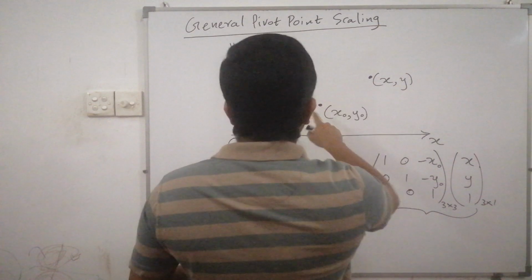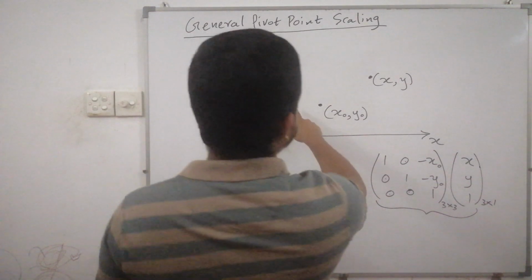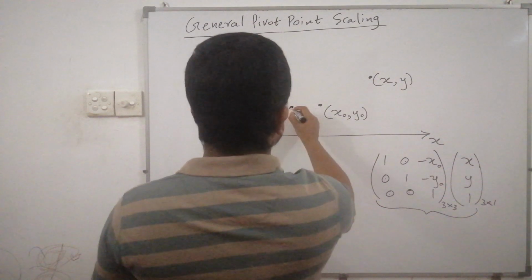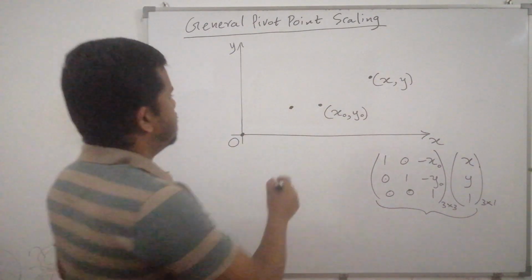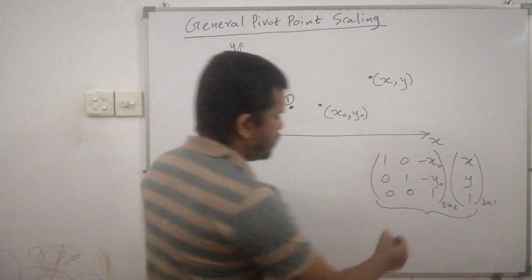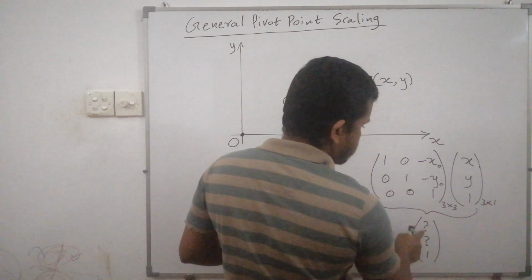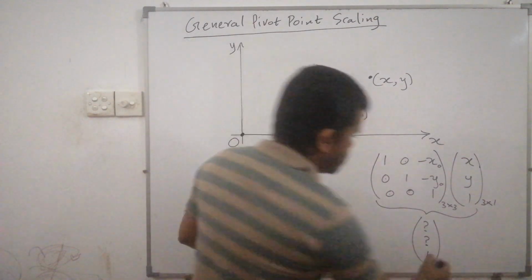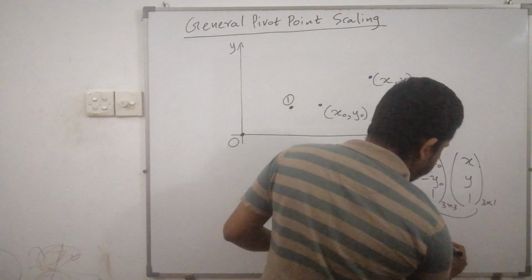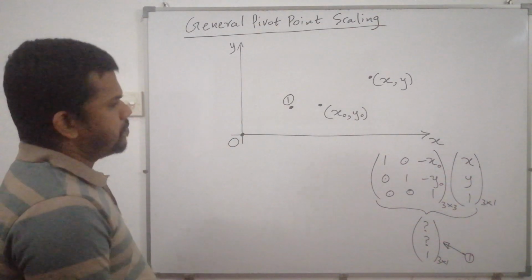Therefore, this point will come to somewhere here. Let's say this is our position 1, and now we can compute the coordinates of this point. It is a 3 cross 1 matrix, and this is our point 1.